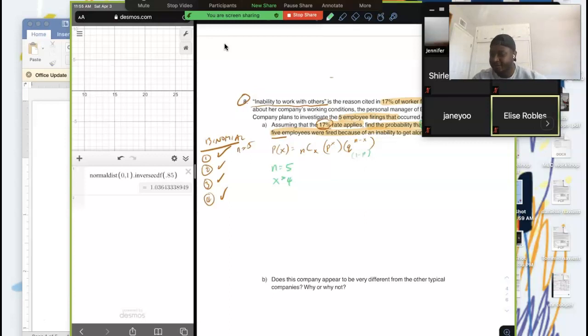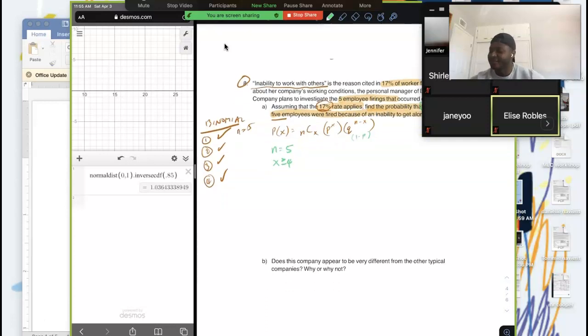So it's going to be x is greater than or equal to 4 and 5. So x has to be greater than or equal to 4 or 5, so we need to do both of those. Your probability of success is going to be 0.17. Your q is going to be 1 minus 0.17, which is 0.83.